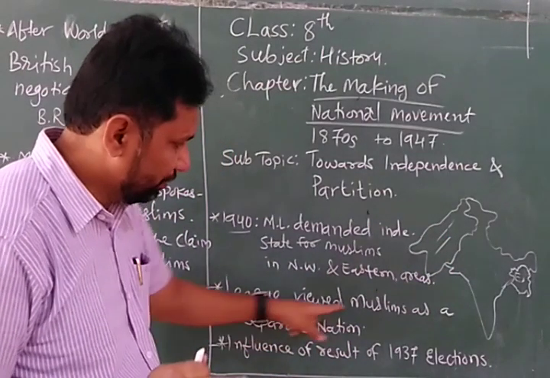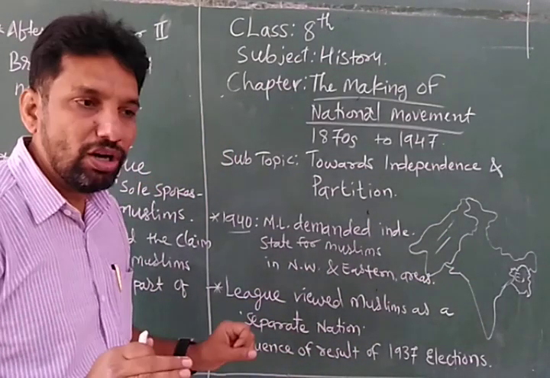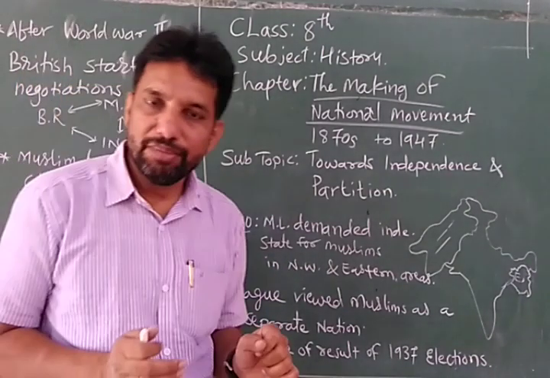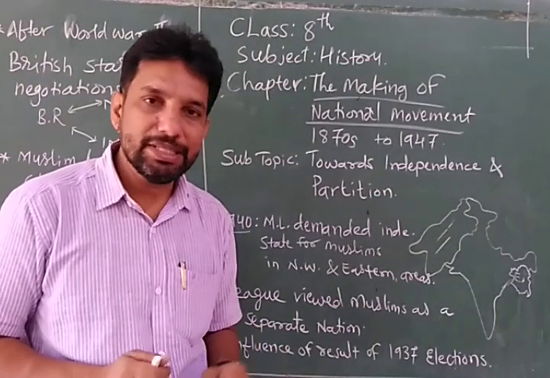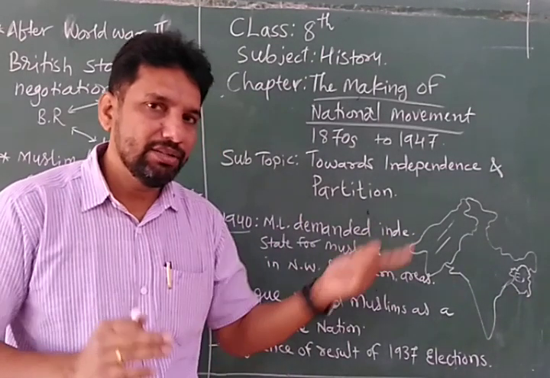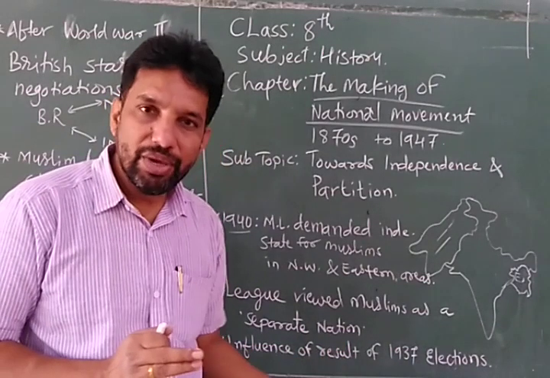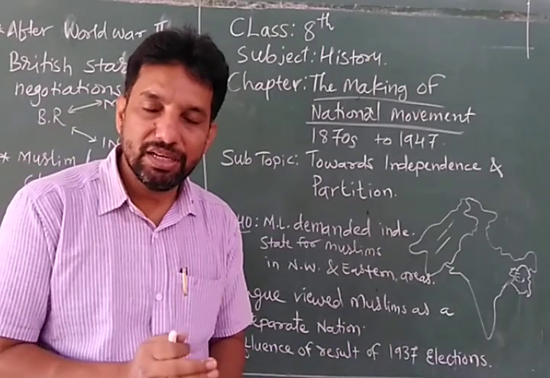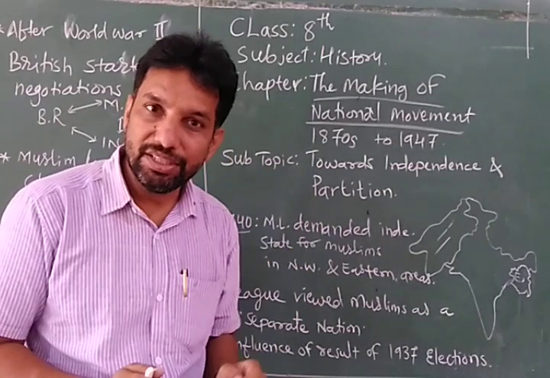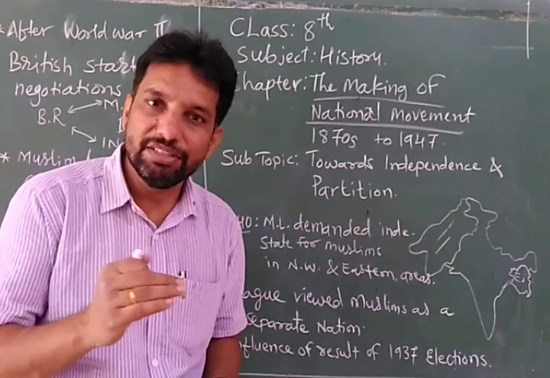So the League viewed Muslims as a separate nation, and why did they think so? What was the reason for Muslims to consider themselves a separate nation? Just remember, in an earlier lecture we saw that the provincial elections were held in 1937 on the basis of the Government of India Act 1935.